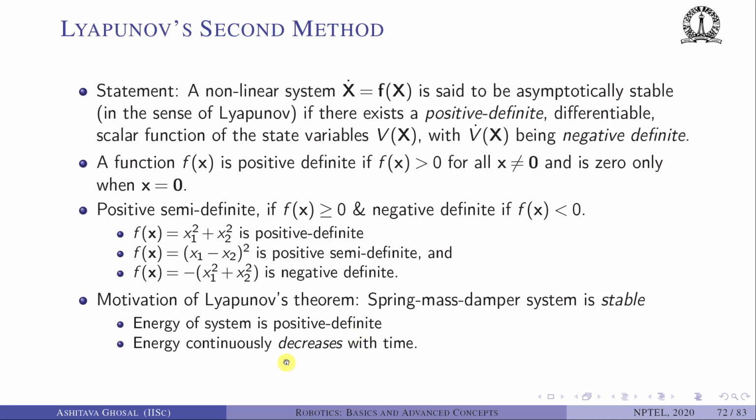The energy also decreases continuously with time when there is damping. So E is positive definite, but the rate of change of E is negative. Based on this intuition, he said that this can be extended to any nonlinear system x dot equal to f of x, and we can find if it is stable if there exists a V of x which is positive definite and V dot of x which is negative definite.